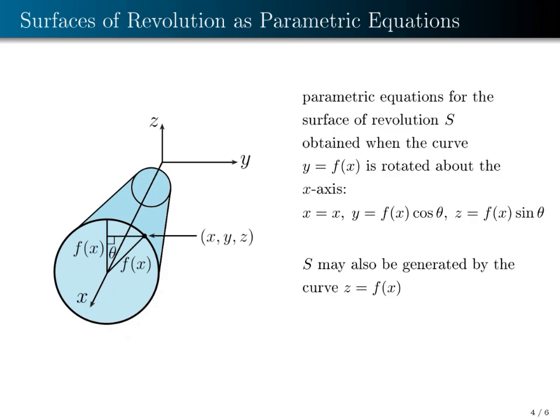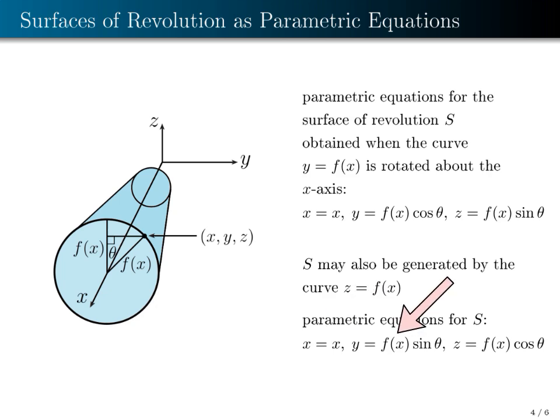With this definition of theta, we get another parametrization of the SOR given by x equals x, y equals f of x sine of theta, because this time, the y-coordinate of the point (x, y, z) is the length of the side opposite angle theta in this right triangle with hypotenuse of length f of x.